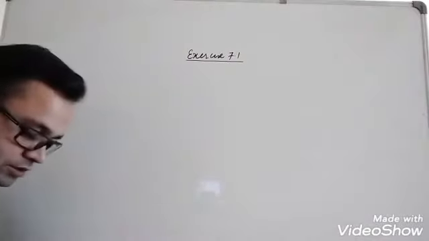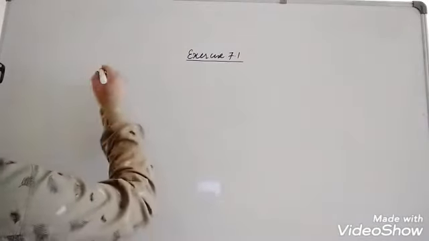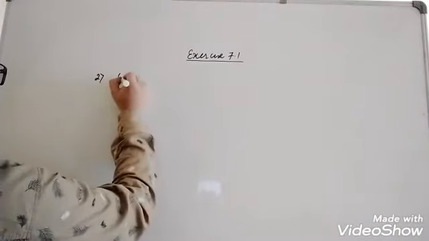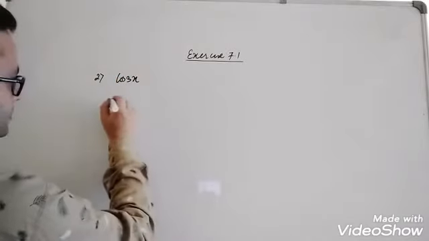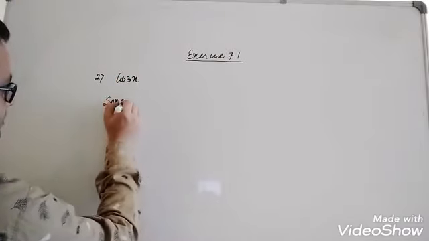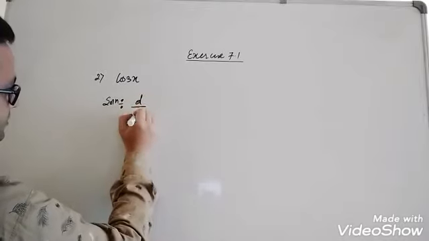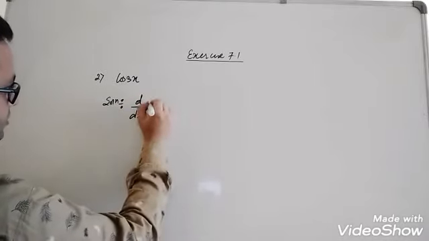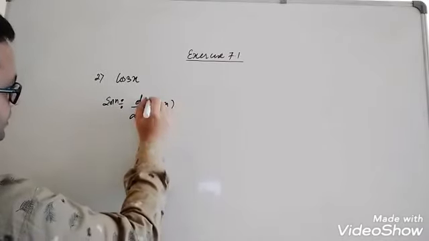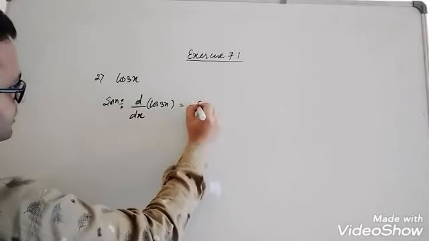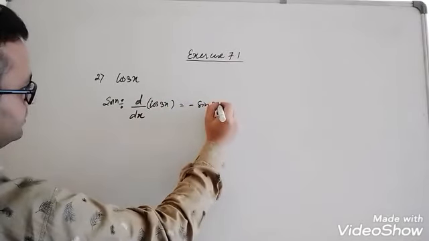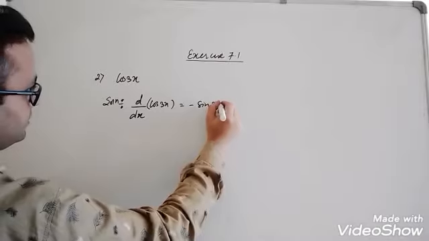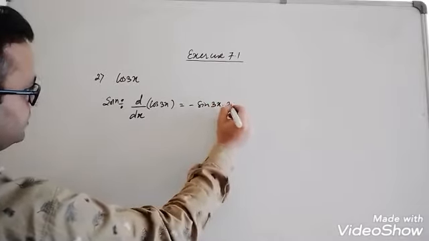Question number 2 is cos 3x. It is the differentiation of sin 3x. So in the solution, d/dx of cos 3x is minus sin 3x into 3.